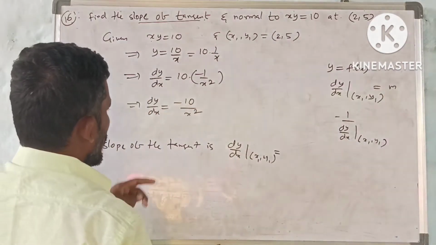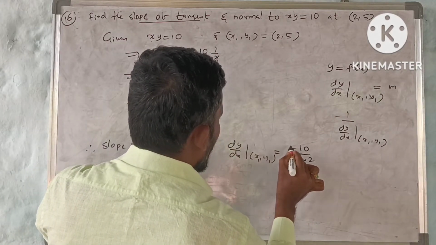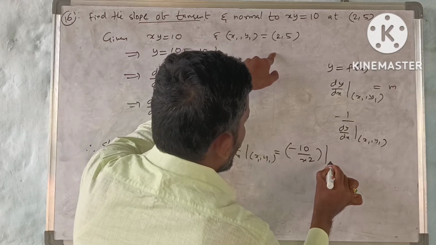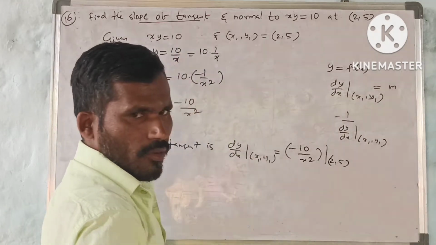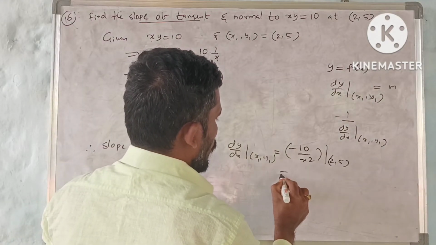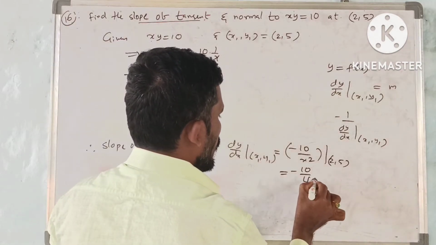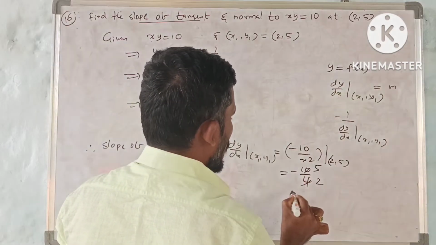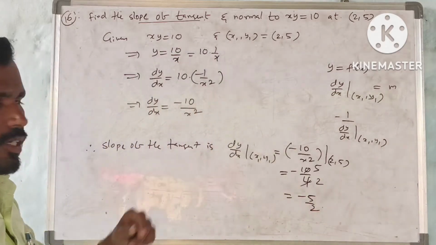So minus 10 by x square is the dy by dx at the point given here, 2 comma 5. The x value is 2 and the y value is 5. Since the x value is 2, 2 square is 4, so minus 10 by 4. Minus 10 by 4 reduces by 2 to minus 5 by 2. Therefore minus 5 by 2 is the slope of the tangent.